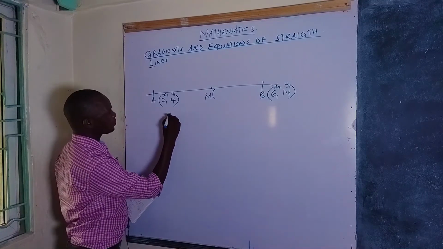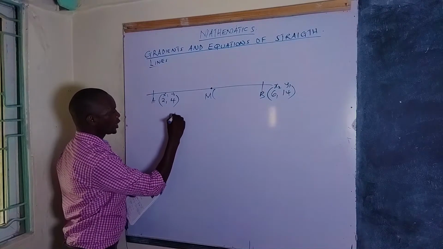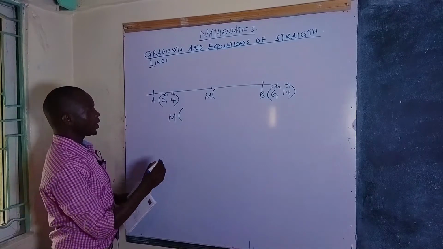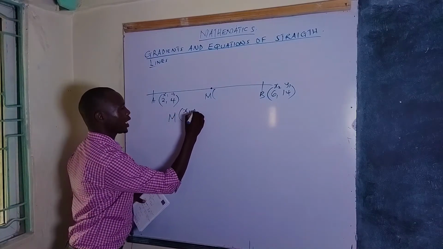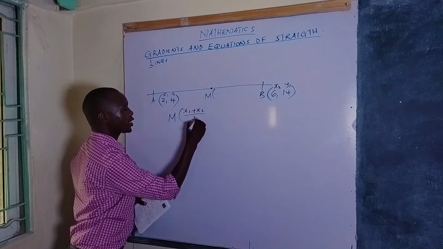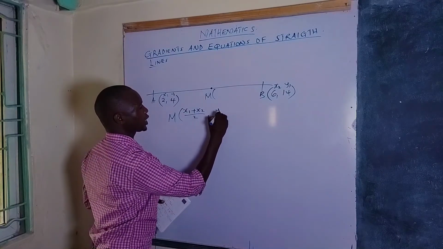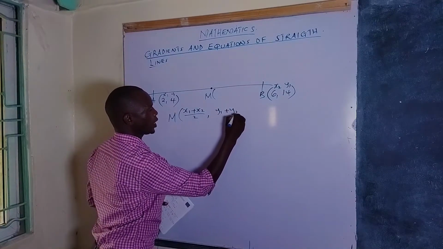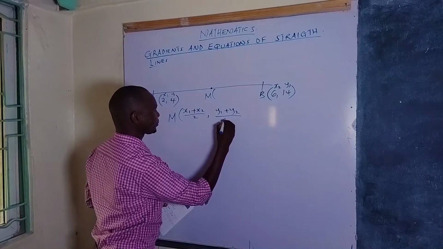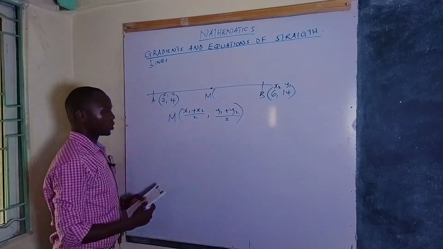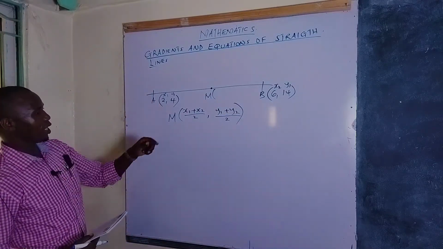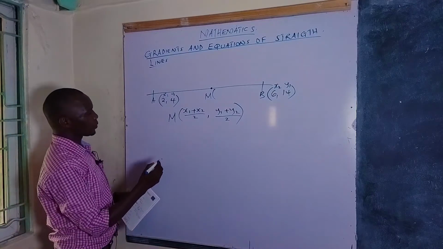That is to say, to get the coordinates of point M, we take x1 plus x2, everything divided by 2, then y1 plus y2 divided by 2, and that is going to give us the coordinates of M, which is the midpoint of line AB.